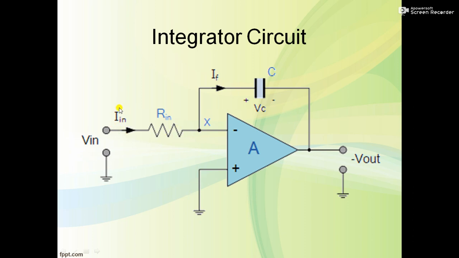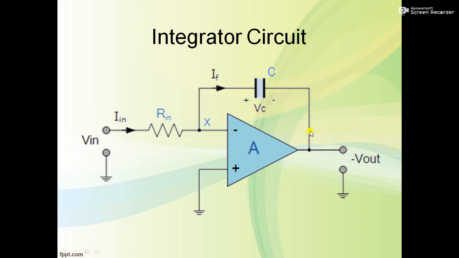After that, whatever current In is flowing through Rin, after this X node, the same amount of current is also flowing through the capacitor. When this forward current flows through the capacitor, the capacitor becomes charged, and we get one voltage across it, called Vc.